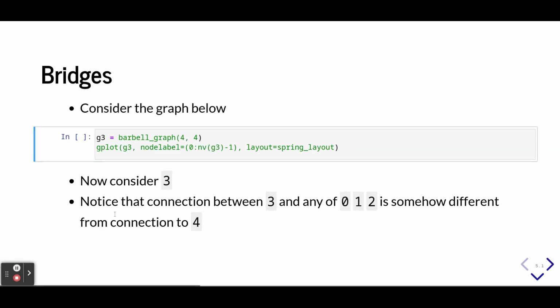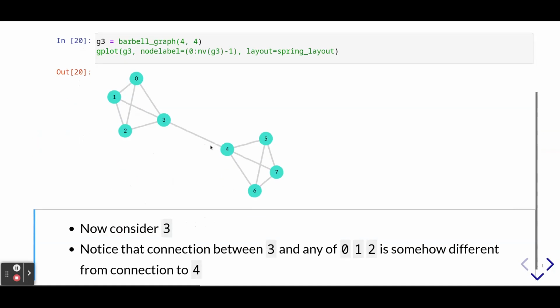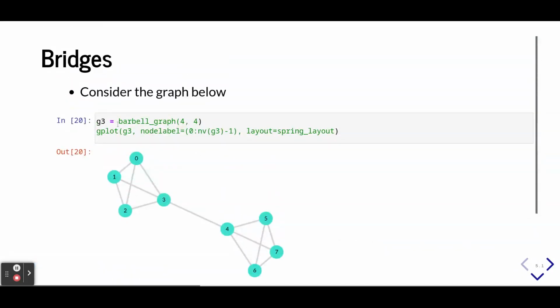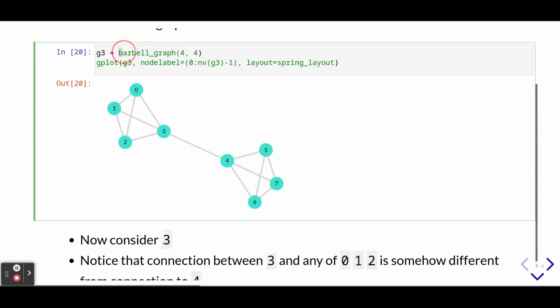Let's now talk about another key graph theory topic known as a bridge. And to help us understand how this works, we're going to construct for ourselves a specific graph known as the barbell graph. And the reason for that is, if you've ever seen a dumbbell or set of weights, you can imagine that there's a handle somewhere here in the middle, and that these clusters on either side are the actual weight on the end.